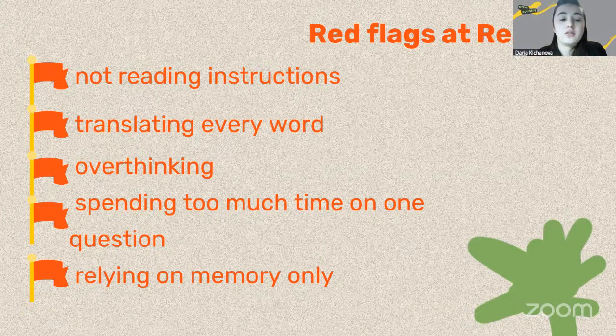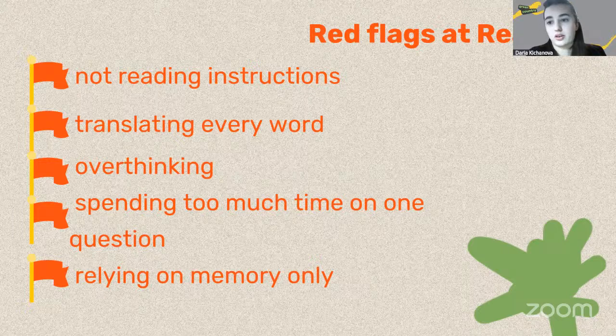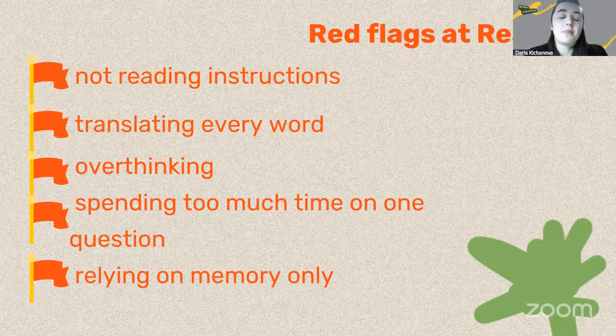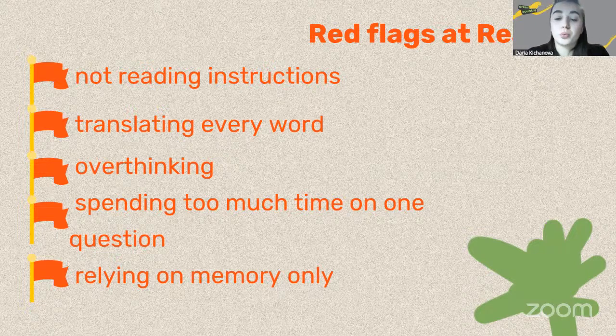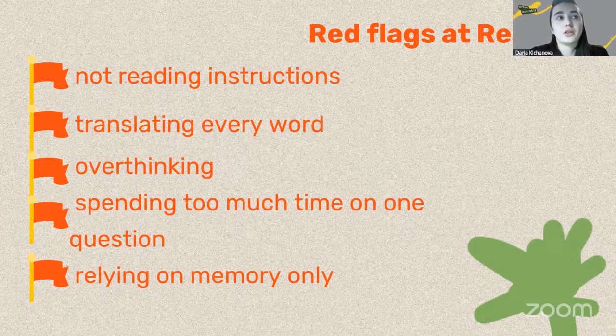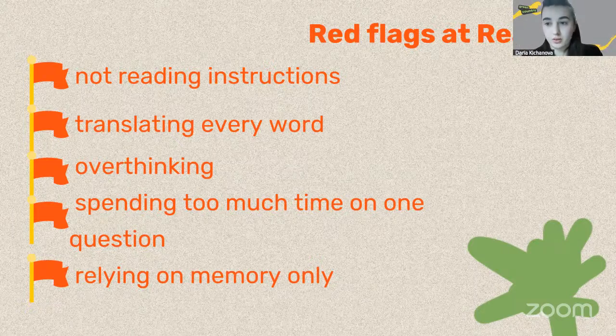Then the fourth red flag is spending too much time on one question, on one task. Why? Because when you spend much time on one task and start focusing on it, you forget about something that will come in 10 minutes.